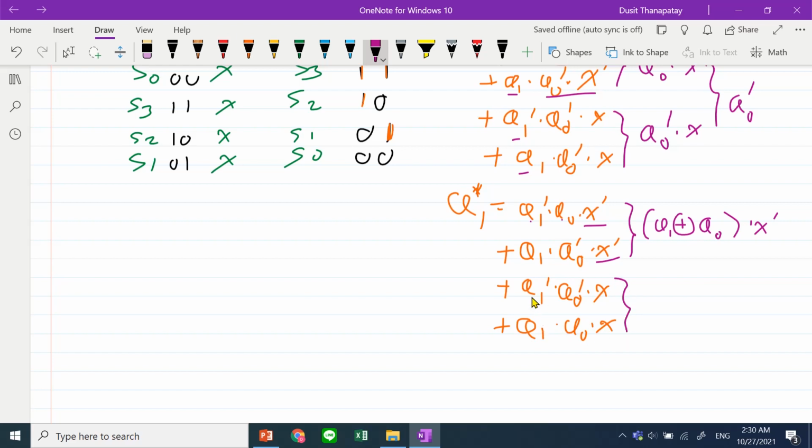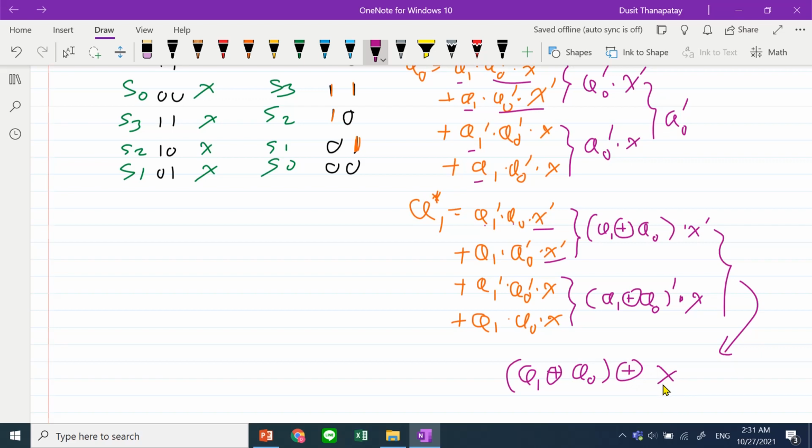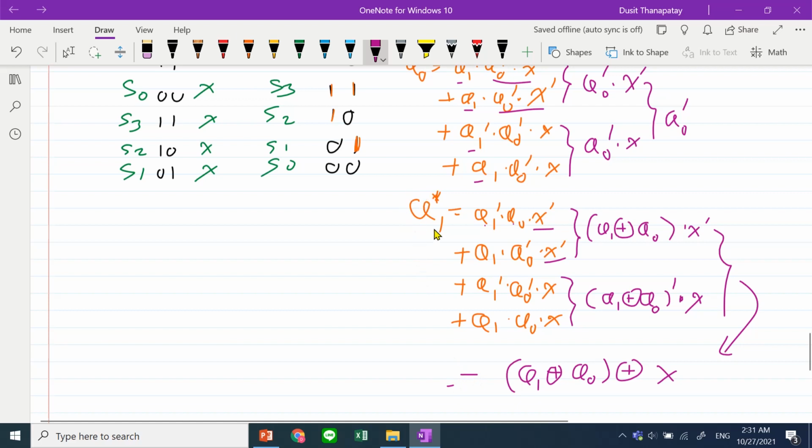What about this? 0 0, 1 1, X: Q1 XNOR Q0 and X. And from this group, X prime, this group X. So you can write it as Q1 XOR Q0 XOR X. Okay, so now you get the equation of Q1 star.